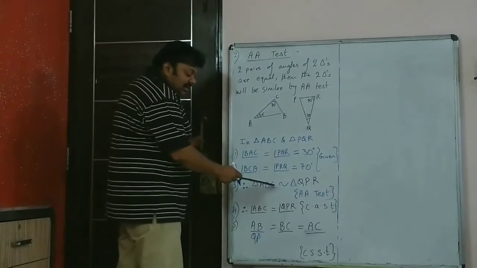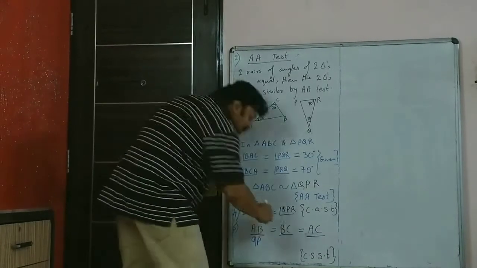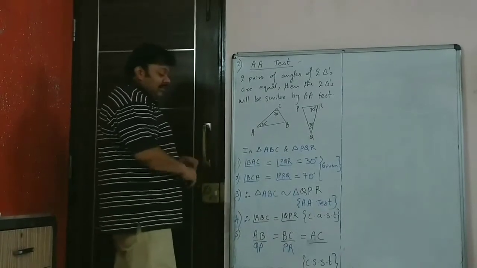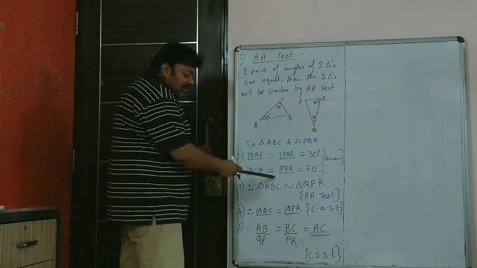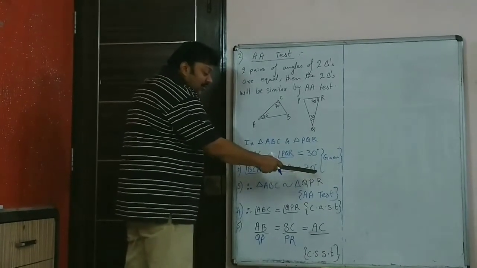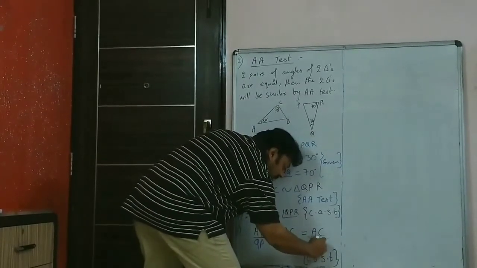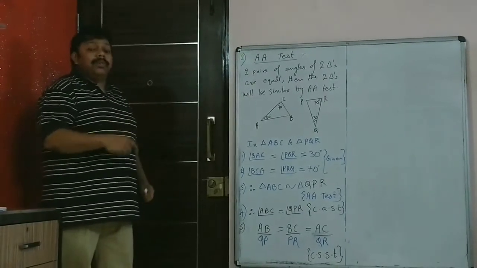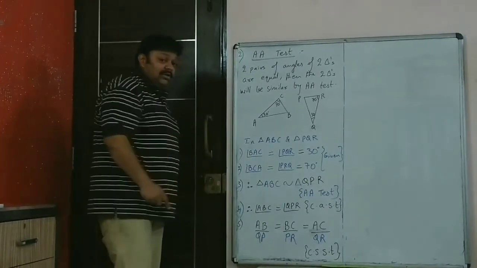BC, second and third alphabet, so there second and third alphabet is PR. BC upon PR, and last is AC, first and third alphabet, so there also first and third alphabet, that is QR. So this is how you will write the corresponding sides are proportional with the correct one-to-one correspondence.